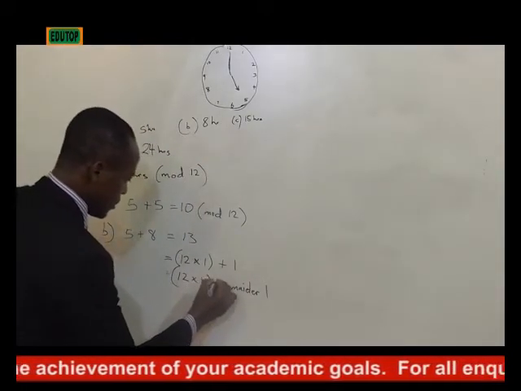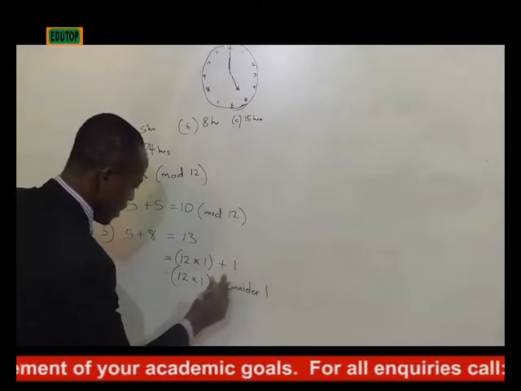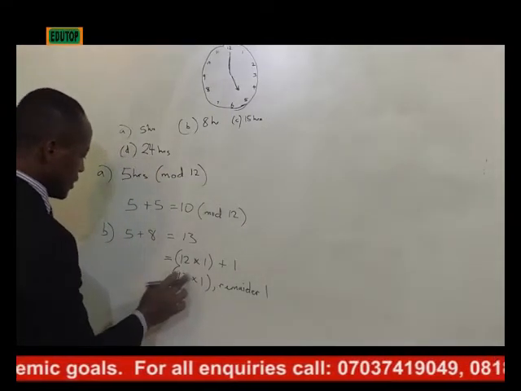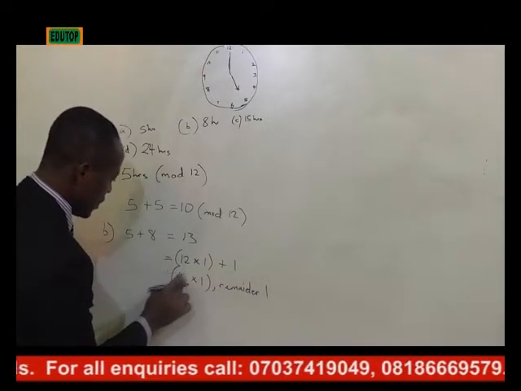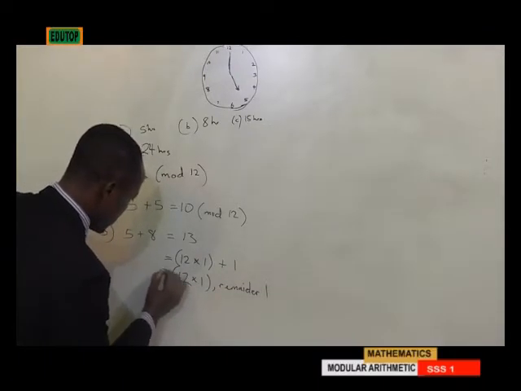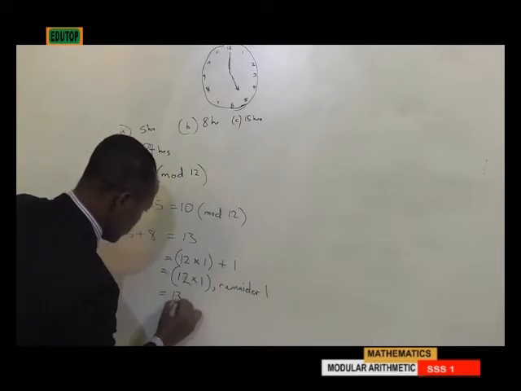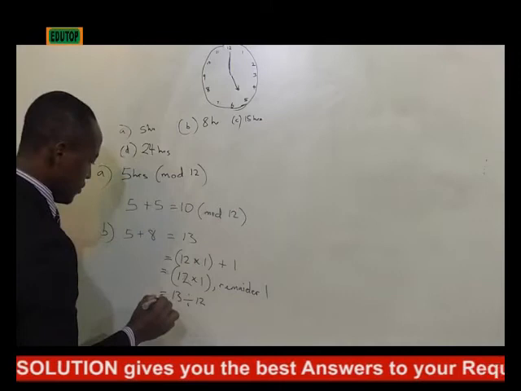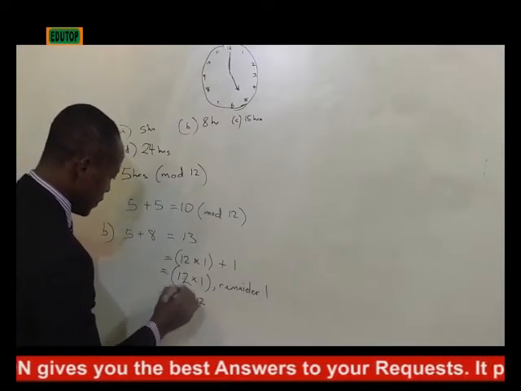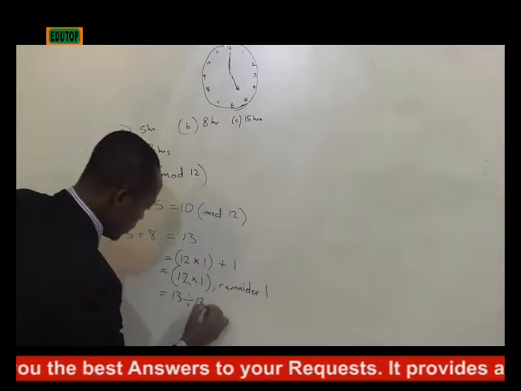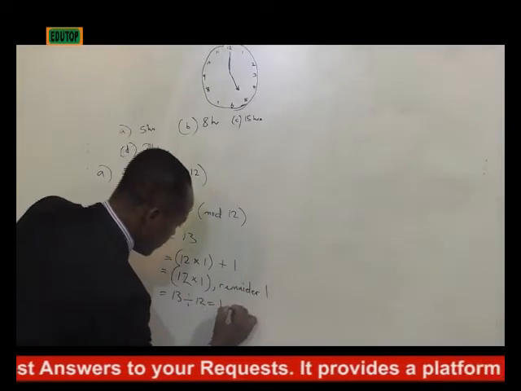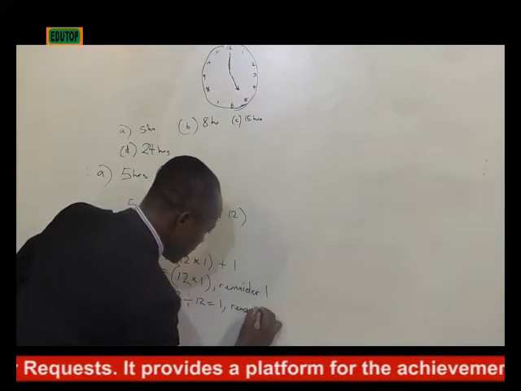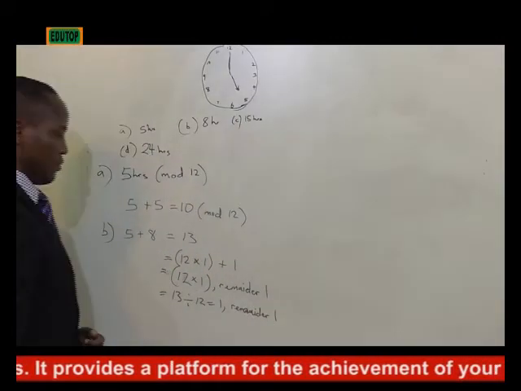Or we can say 13 divided by 12 is 1 remainder 1.